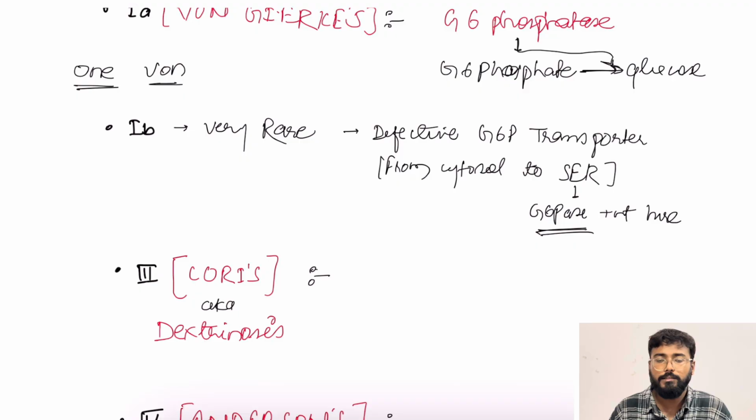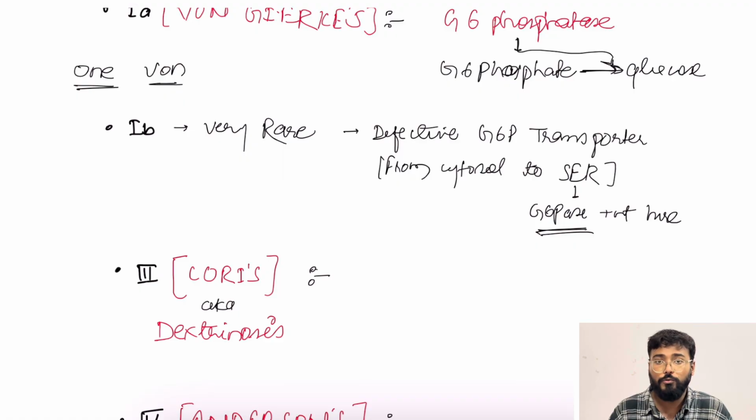In this case, what is defective is your glucose 6 phosphate transporter, which transports glucose 6 phosphate from cytoplasm into the smooth endoplasmic reticulum. Why does it do so? Because the enzyme glucose 6 phosphatase is present inside the smooth endoplasmic reticulum.